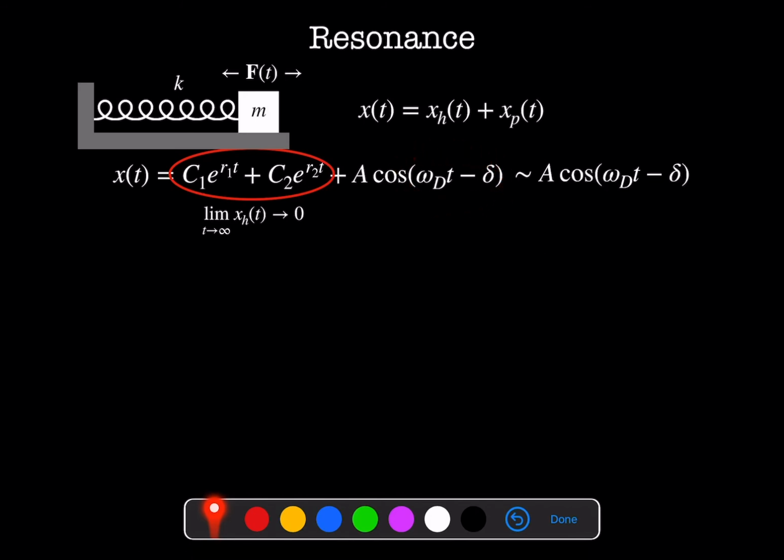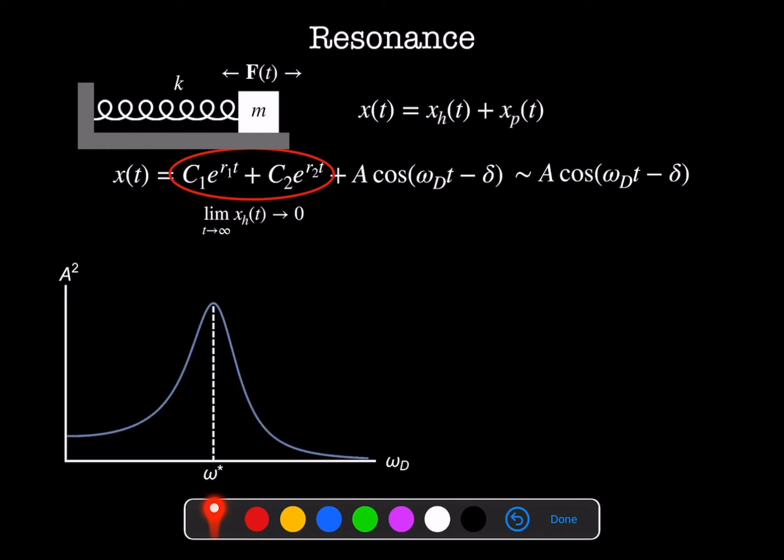So let's plot the amplitude and see what happens at long times. This is a plot of the amplitude squared as a function of omega_d. This is assuming that omega naught is fixed, and we're just going to scan through possible driving frequencies.